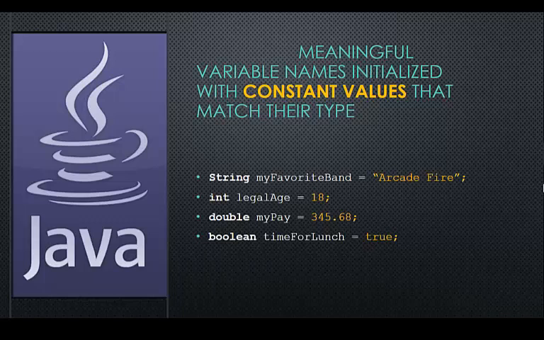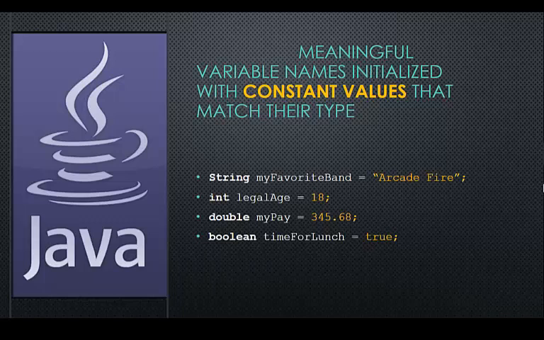double myPay equals assigned value 345.68. Here again, double variables have a decimal component. There may be a lot of digits after the decimal point, or for a number like 34.0, actually no weighted value after the decimal point.